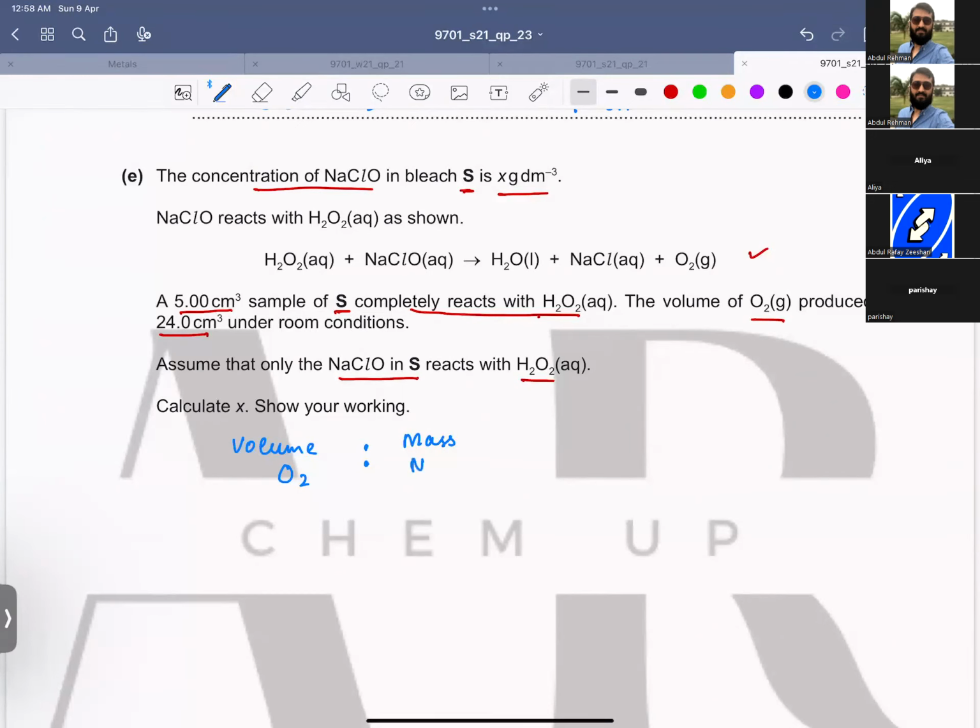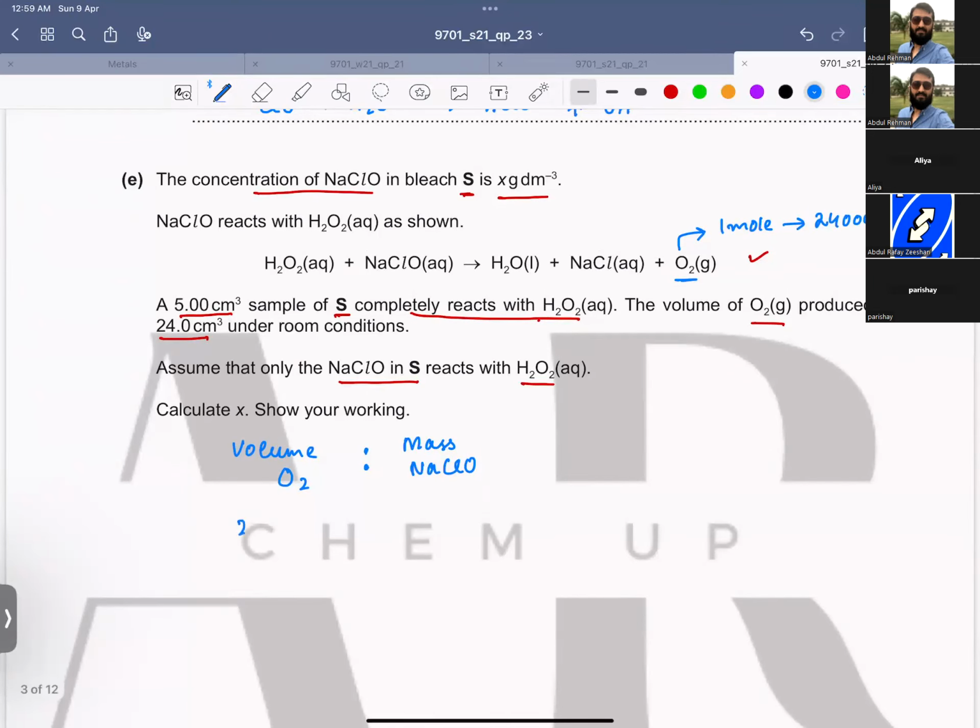If I find the mass of NaClO, then I will be able to find the mass in decimeter cube as well. So if you look at the equation, there is 1 mole of oxygen, and 1 mole of oxygen means 24,000 centimeter cube of gas is produced.